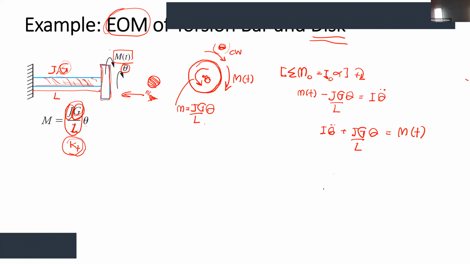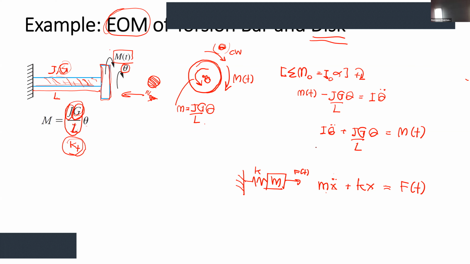You may remember mx dot dot plus kx equal to ft for the linear system, that you have only one spring and mass and have force. You can derive the equation of motion in terms of mass, spring constant, and external force.